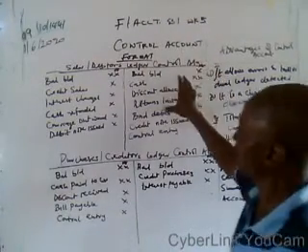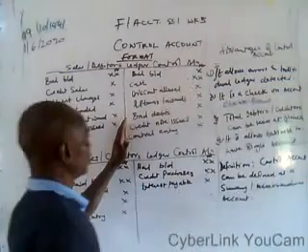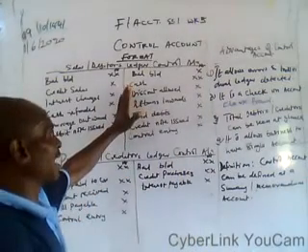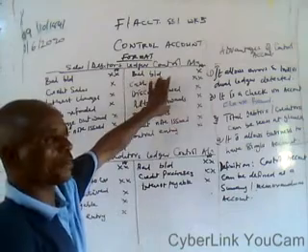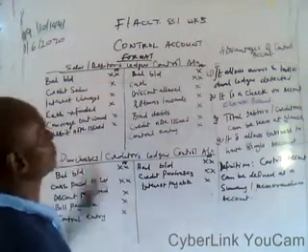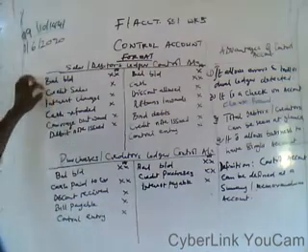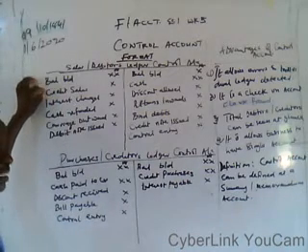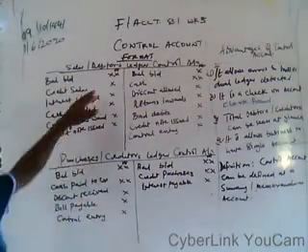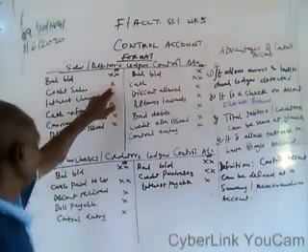Therefore, look at this T account. This is the customer account, this side is the payment side, and this is the receiving side of the customer's account. Let's talk about the debit side. Credit sales, that is the goods sold on credit to customers, must be on the debit side.